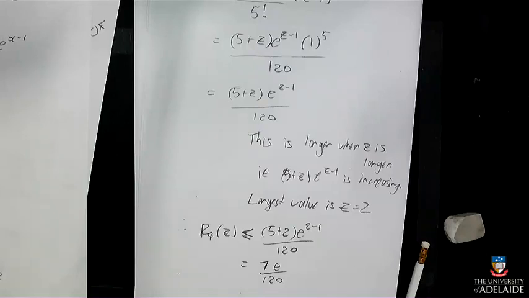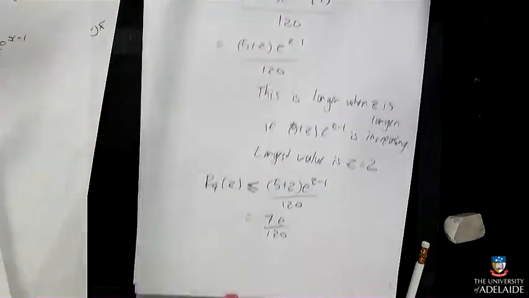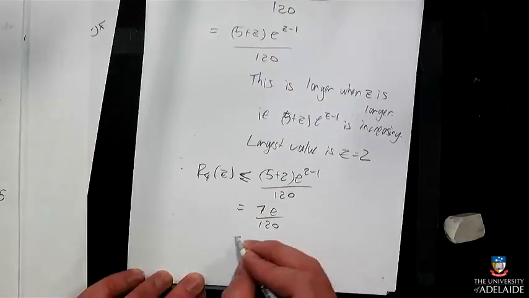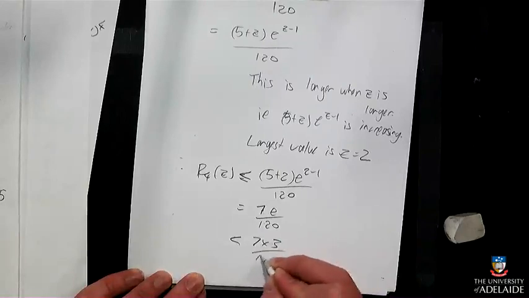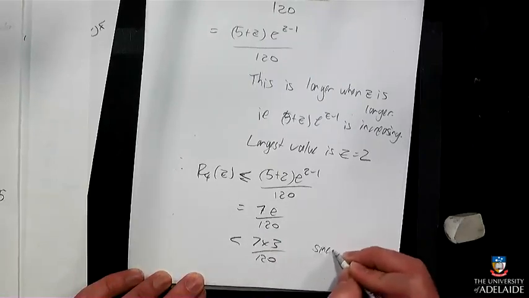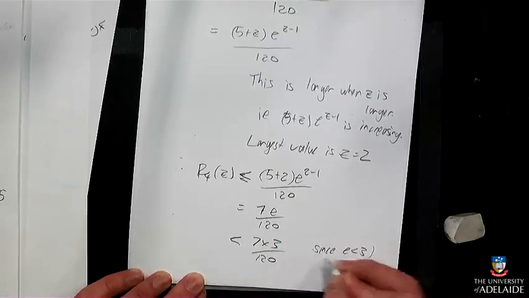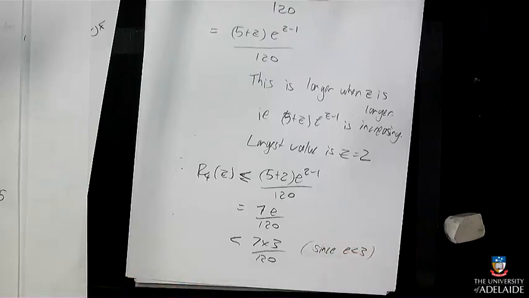But as long as we know what e is, I mean we do, it's about 2.7. As long as we pick something that's definitely more than e, we can still say less than or equal to. So I'm just going to pick 3. Like this is totally less than 7 times 3 over 120, since e is less than 3. And this is what they would have done back in the day.